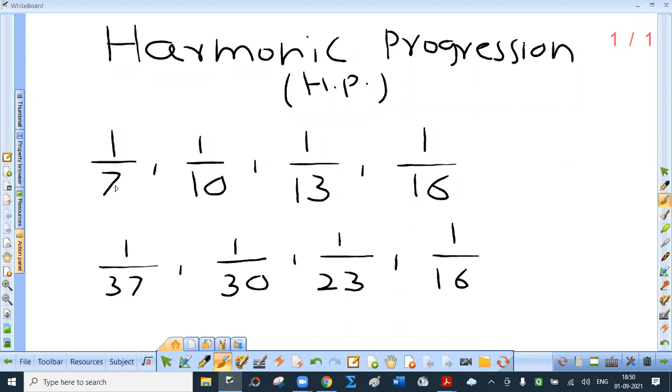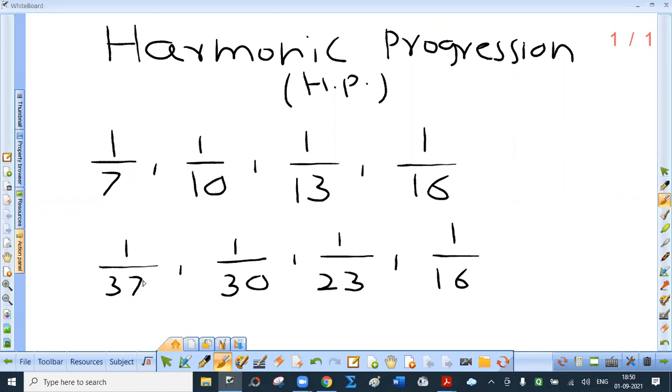Note that 7, 10, 13, 16 are in arithmetic progression. And we have a ready-made formula to find the nth term of an arithmetic progression. As far as this AP is concerned, the next term is obtained by adding 3 to the previous term. That is, the common difference is 3. So for the AP, the next term is 19. So for the corresponding harmonic progression, the next term is 1 upon 19.